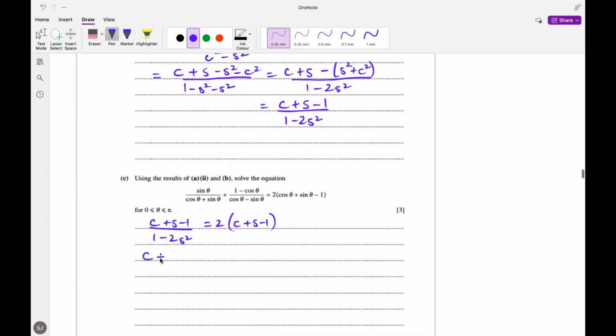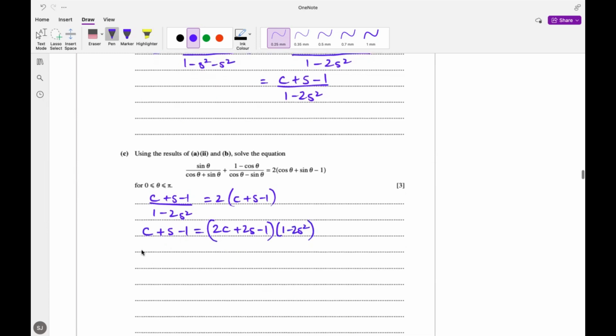So this will become cos + sin − 1 equals 2 cos + 2 sin − 1, multiplied by 1 − 2 sin². Opening up the bracket, we get cos + sin − 1 equals, so 2 cos into 1 will become 2 cos, 2 sin into 1 will be 2 sin, minus 1 into 1 will become a minus 1.